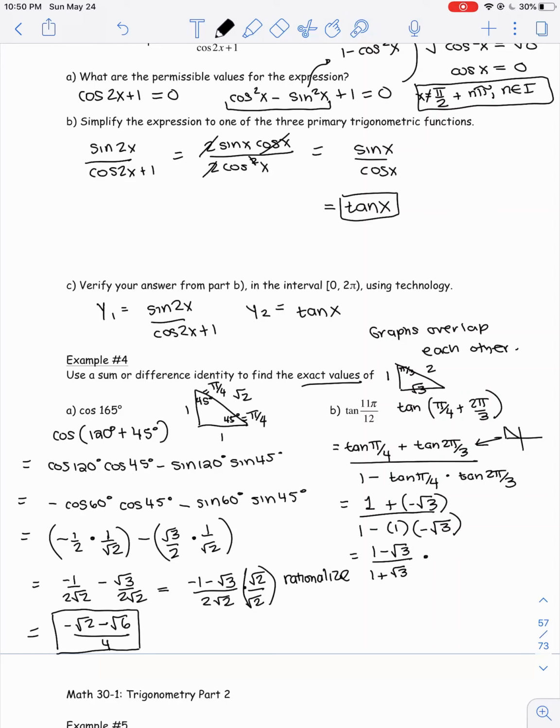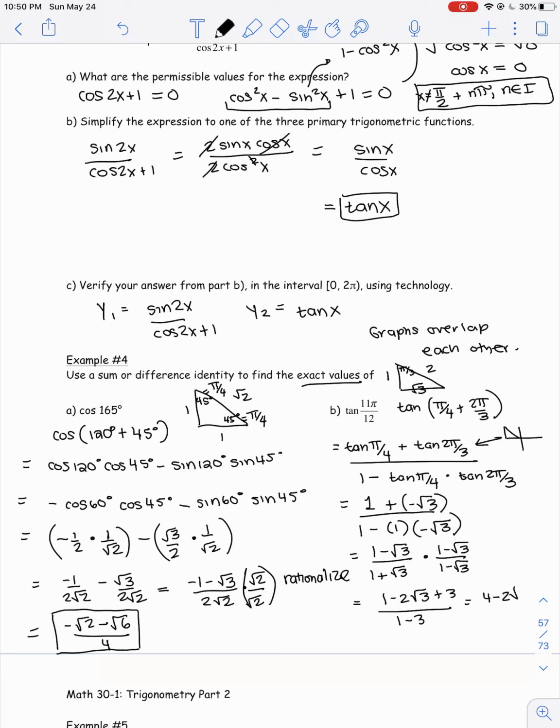Now we're going to rationalize this by doing the conjugate. So we're going to multiply the top by 1 minus square root of 3 and the bottom by 1 minus square root of 3. So that gives me 1 minus 2 root 3 plus 3 if you do FOIL at the top, and FOIL at the bottom would be 1 minus 3.